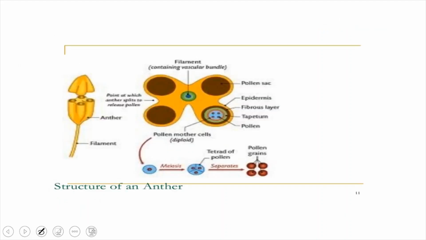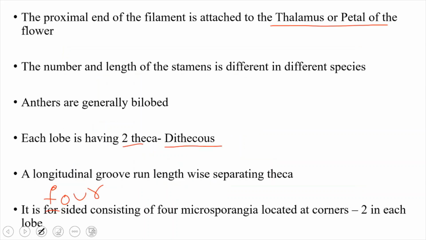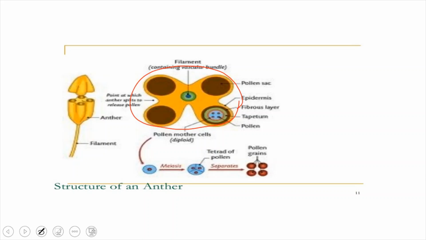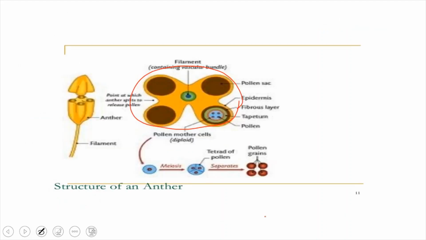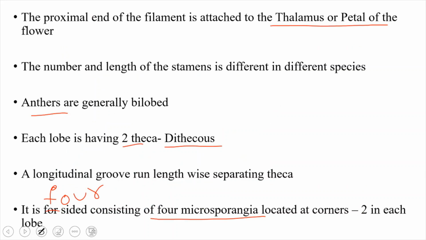Let's discuss this in the diagram. This is what we discussed here. Each anther is four-sided and consists of four microsporangia, 1, 2, 3, 4, located at the corners, two in each lobe.